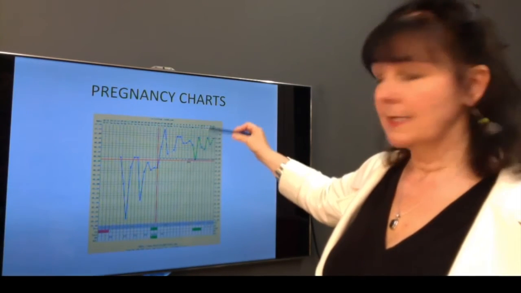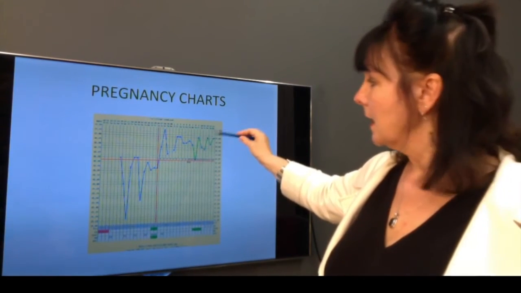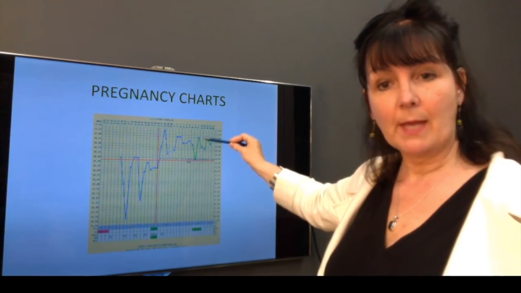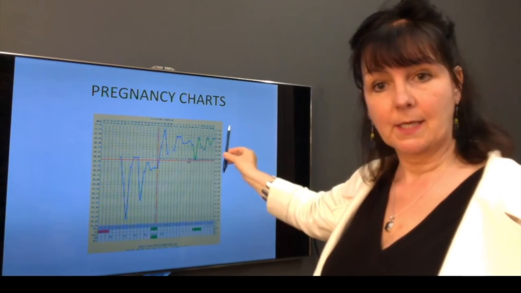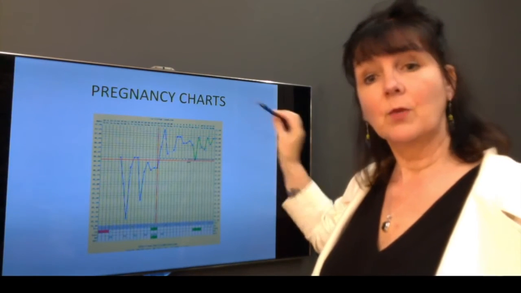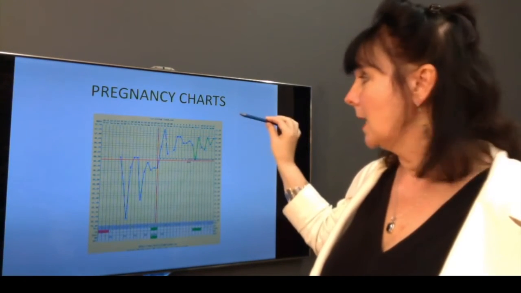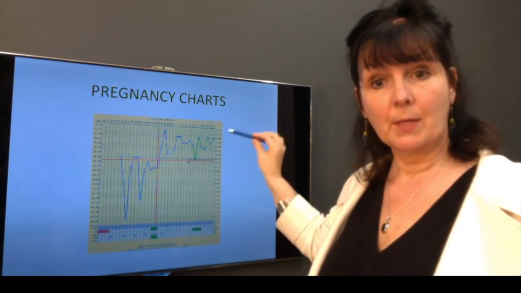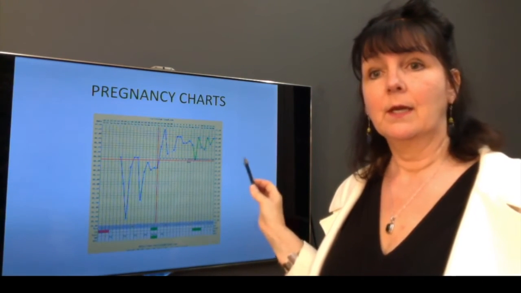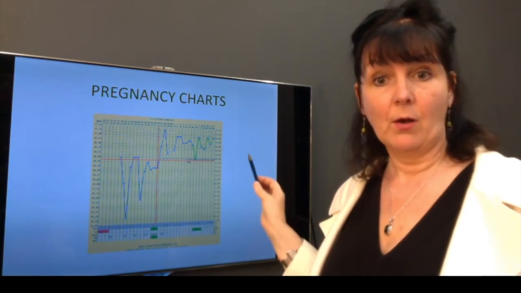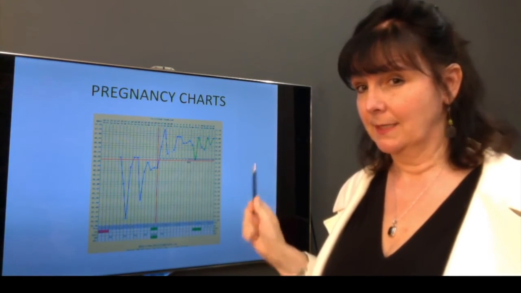But what you can see, which is really important, is that her temperature has remained high. So that is an excellent indicator for pregnancy. If your client's temperatures remain high beyond when their bleed should have started, it's a really good indicator that they are actually pregnant, which is fantastic.